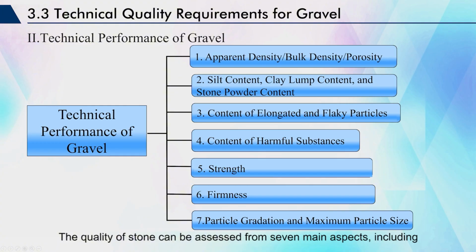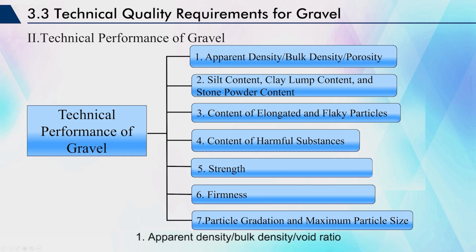The quality of stone can be assessed from 7 main aspects, including 1. Apparent density, bulk density, void ratio. 2. Clay content, clay lumps, and fine particle content. 3.